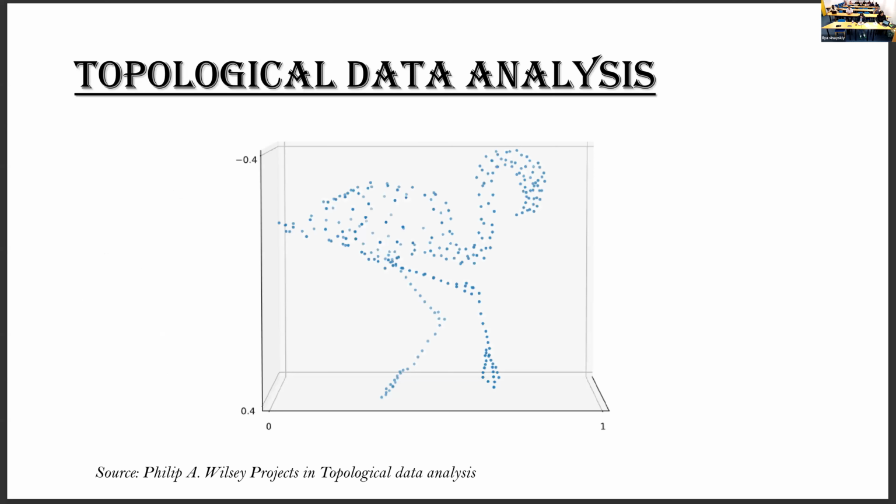So TDA, or topological data analysis, like the name suggests, is to use topological methods to analyze data. Data can come in many forms, but it's often recorded as a collection of points.